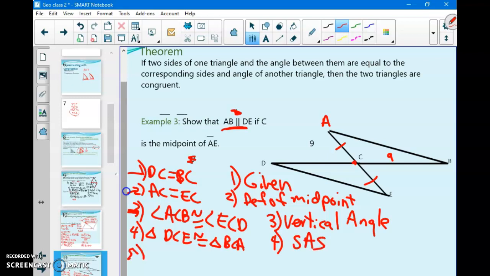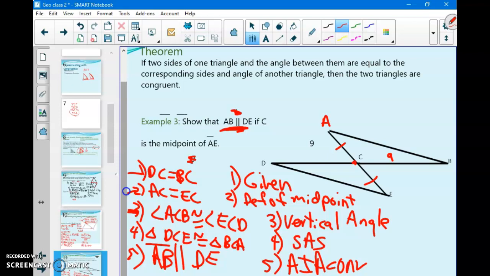And to prove the parallel that they want here, I'm going to go right to it by saying that AB is parallel to DE because I know that we have alternate interior angles converse.